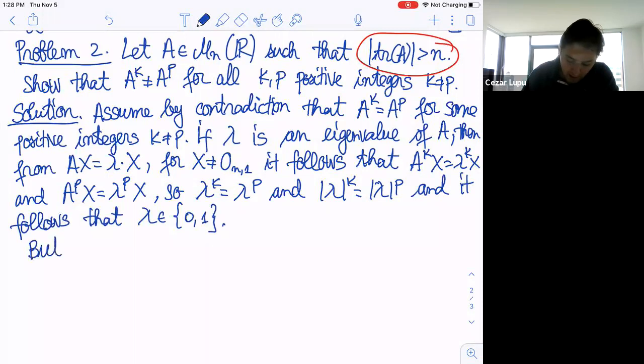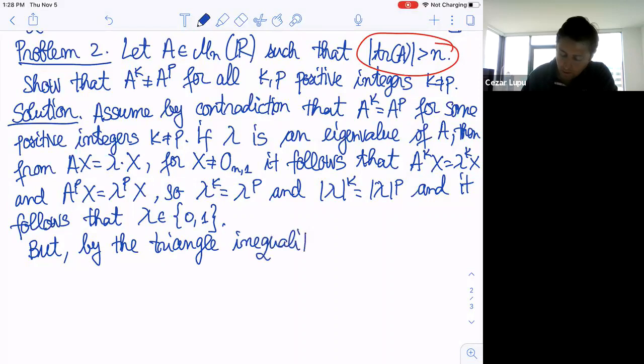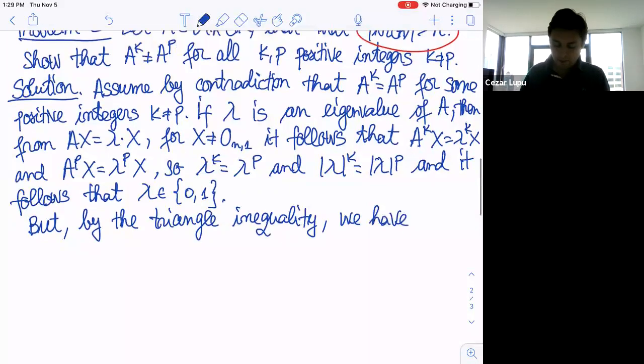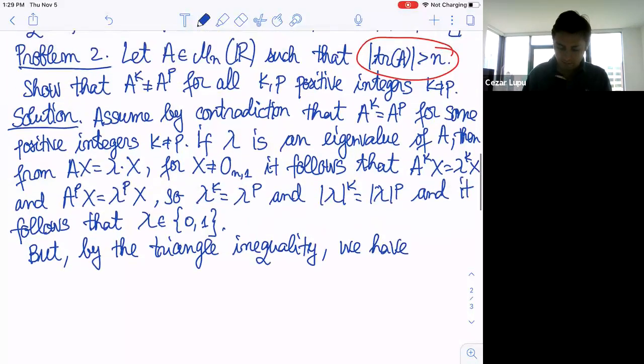But by the triangle inequality, what do we have? We have that n is less than the absolute value of the trace of A. And you know that the trace of A is the sum of the eigenvalues.